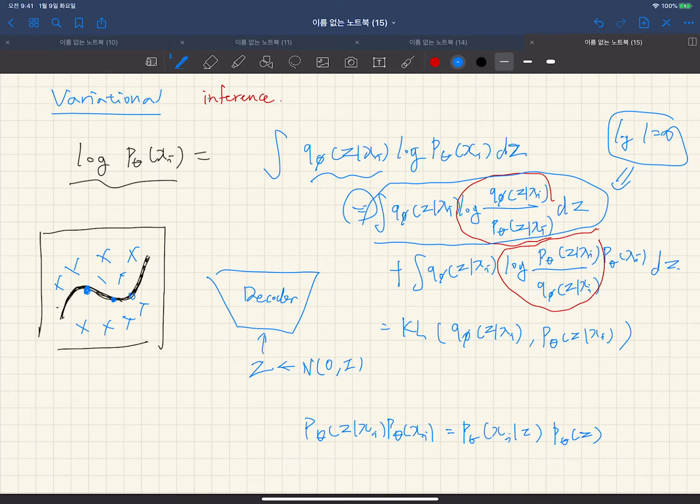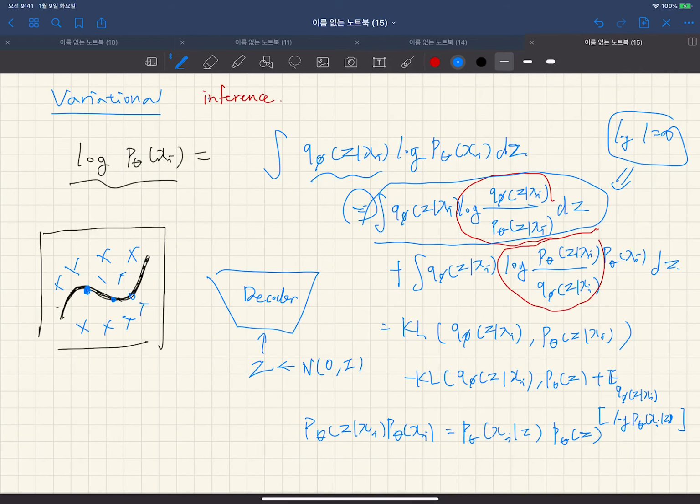When you use this fact, the second term is equal to minus the KL divergence between q phi z given x_i and p theta z, plus the expectation with respect to q phi z given x_i of log p theta x_i given z.